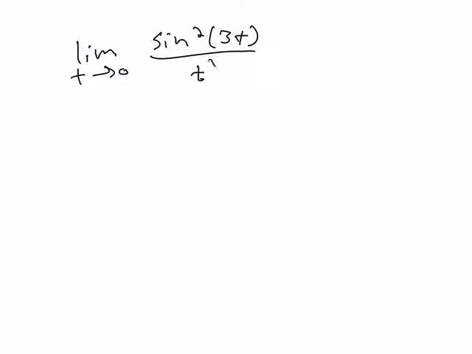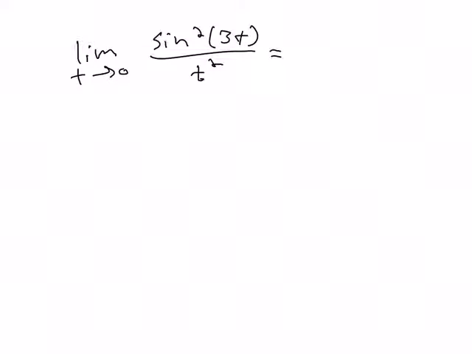So now our next problem is problem 44, which asks us to find the limit as t goes to 0 of sine squared of 3t over t squared. This is supposed to be a derivative video, but these are the problems that they are giving me, so I'm just going to do this for now.